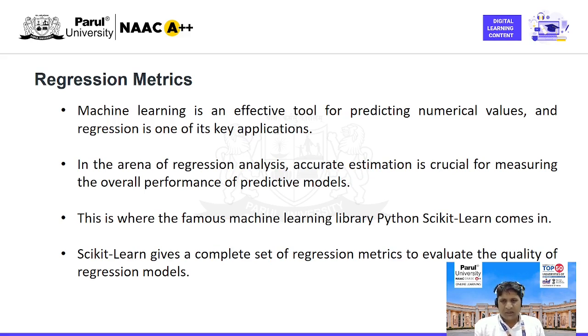It means the regression metrics are provided by the Scikit-Learn library of Python. Python provides so many libraries like pandas, numpy, etc. But Scikit-Learn is also provided by Python as a library to work with regression metrics.